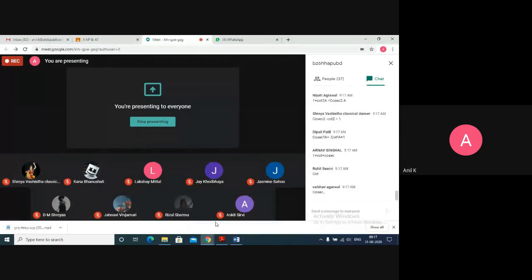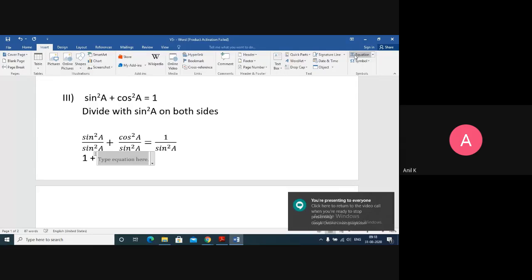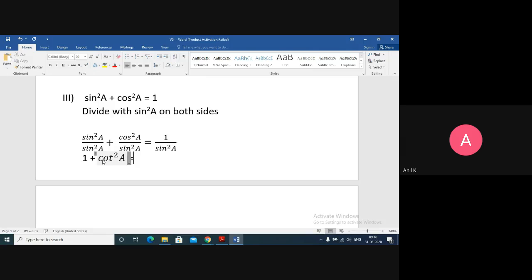Cos upon sin is cot. So I'll get 1 plus cot square A equals 1 upon sin square, which is cosec square. We can rewrite this formula as cosec square A minus cot square A equals 1. So these both I will use in different ways as per the requirement.